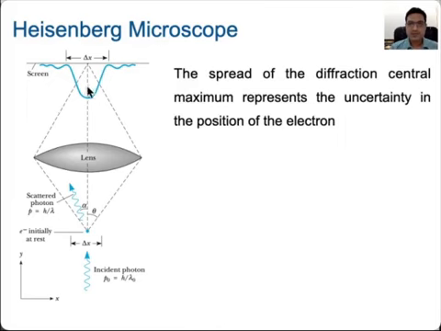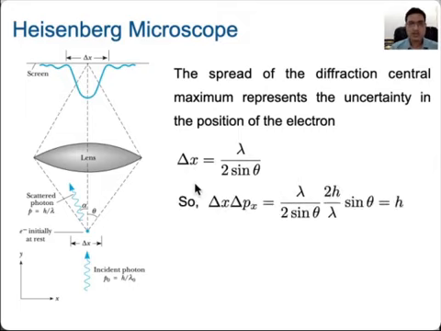Okay, so this spread of your diffraction's central maxima represents the uncertainty in the position of the electron, and by using physical optics, it is straightforward to calculate the uncertainty in the position of an electron, which is given by delta x is equal to lambda over 2 sine theta. This you have seen in your 10 plus 2 standard. So now we know what is delta x, we have seen what is delta px. Let's multiply both. So what you will get is h.